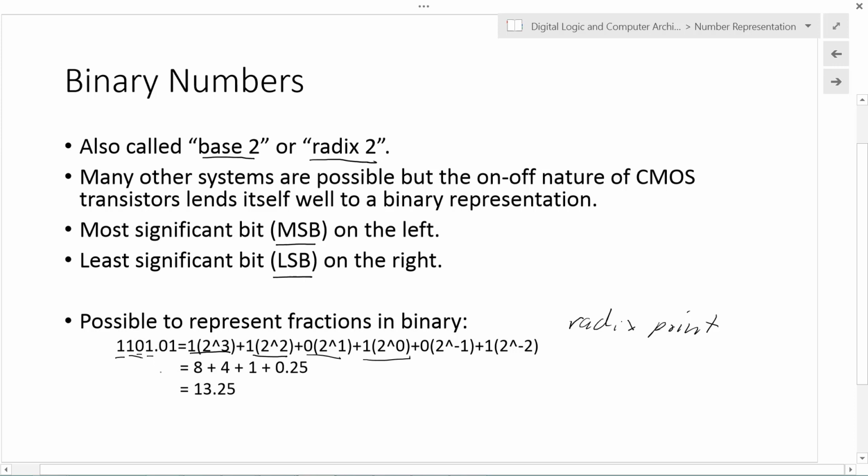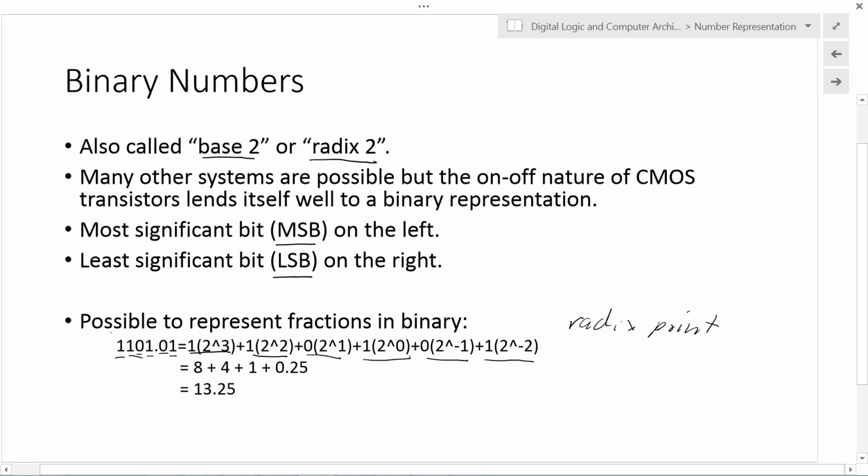Now when we go past the radix point, what comes below 0? Negative 1. So we say 0 times 2 to the power of negative 1 plus 1 times 2 to the power of negative 2, and so on. And we can go on for as many bits as we like to get as small a fraction as we want.